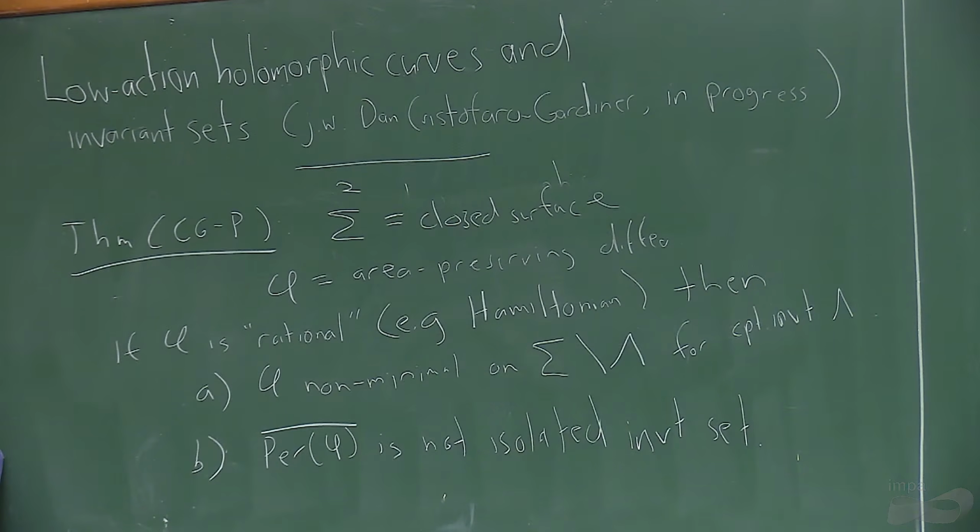You're right, A and B follow from one statement, which just says that if you take any compact invariant set which contains all the periodic points, then that's not isolated as an invariant set. I'm just writing it this way to align more with the statements of prior results.